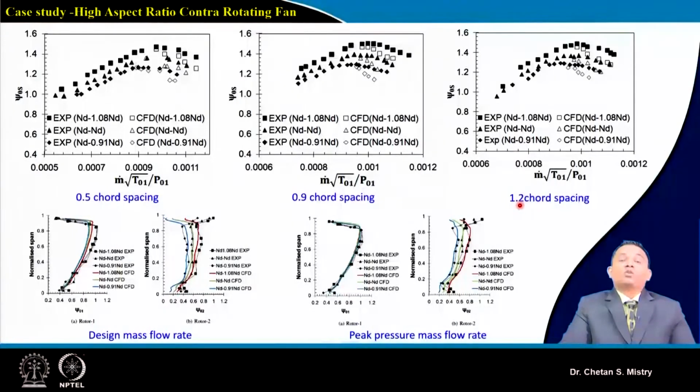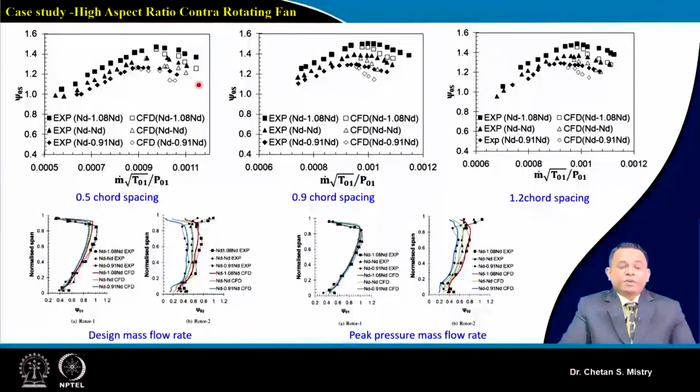Initially when we started doing design, we assumed our axial spacing to be 50% of rotor 1 chord. Later on by experimentation we realized 0.9 chord, or 90% chord of rotor 1, as the spacing is giving improvement in terms of performance, and that was later used for all analysis purposes.